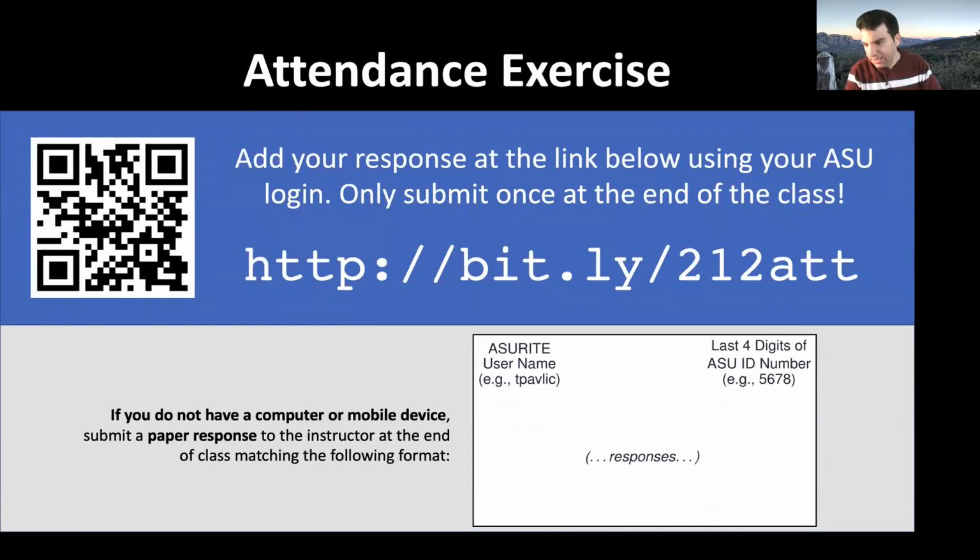All right. Okay, let's do a quick attendance exercise just to keep everybody awake. I will put the link in the chat, and of course you can also get the QR code there. For this attendance exercise, I'll ask something about Vensim: how do you change the defaults, like drawing styles, background, etcetera, in Vensim?